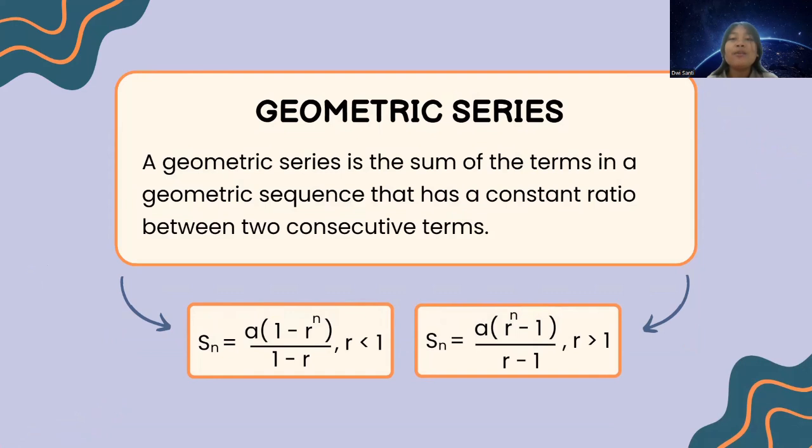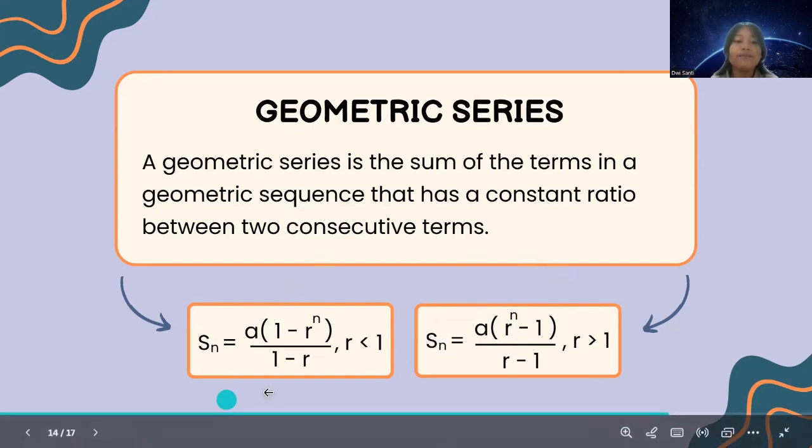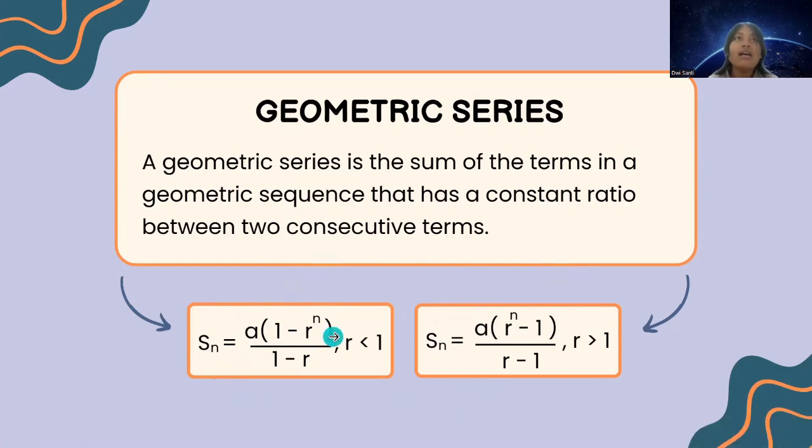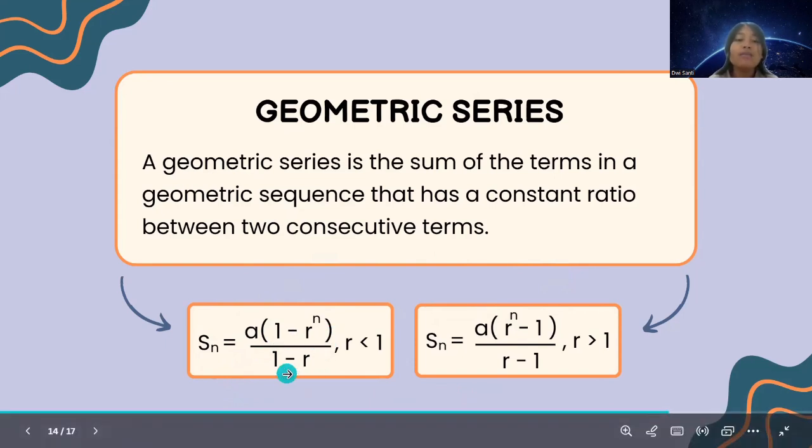And next, geometric series. A geometric series is the sum of the terms in a geometric sequence that has a constant ratio between two consecutive terms. Here are the formulas: Sn equals a multiplied by (1 minus r to the power of n) divided by (1 minus r), when r is less than 1.